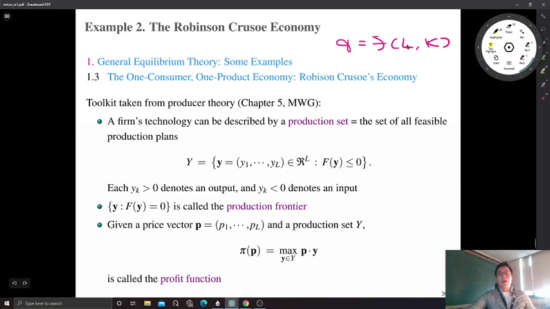So for the technology of conglomerates, we cannot describe it with a production function, because to be a function, its value should be one-dimensional, just a number, right? But with this production set, we can describe such a conglomerate's production technology as well.